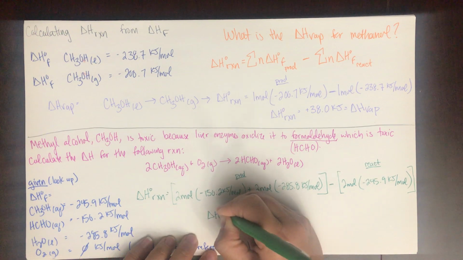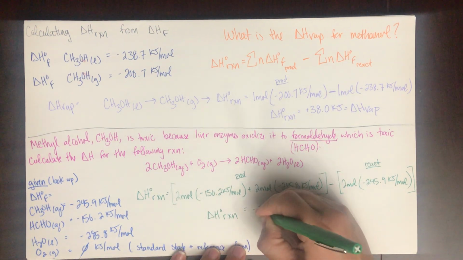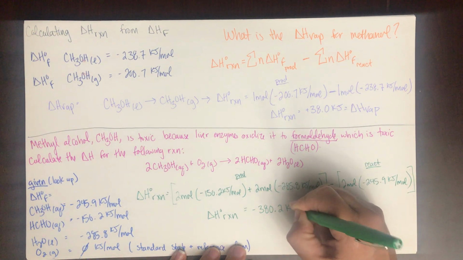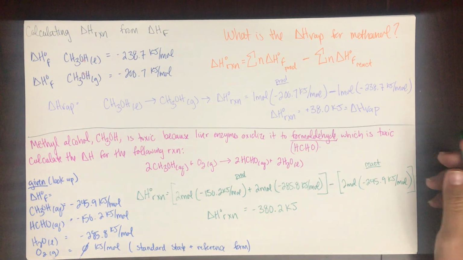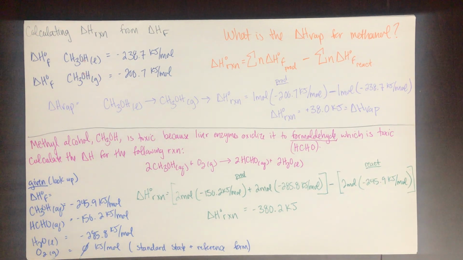And when you do this, you're going to get a standard enthalpy change for the reaction of about negative 380.2 kilojoules.